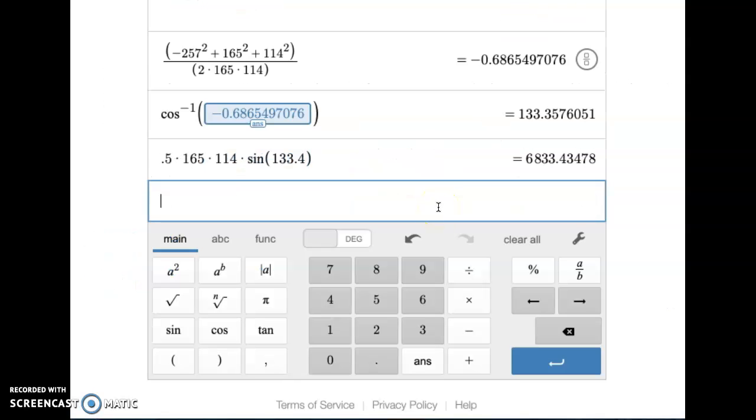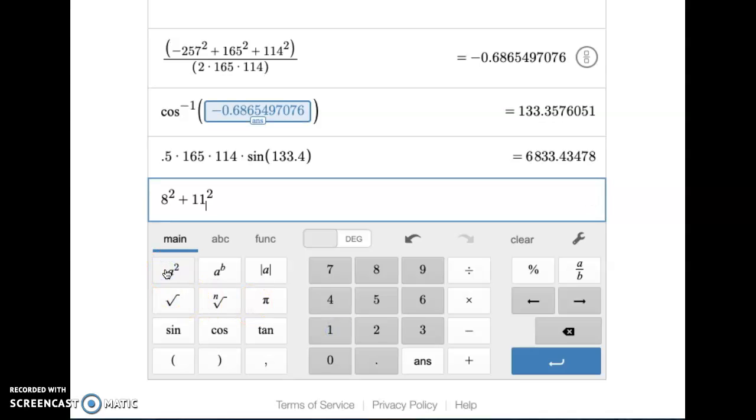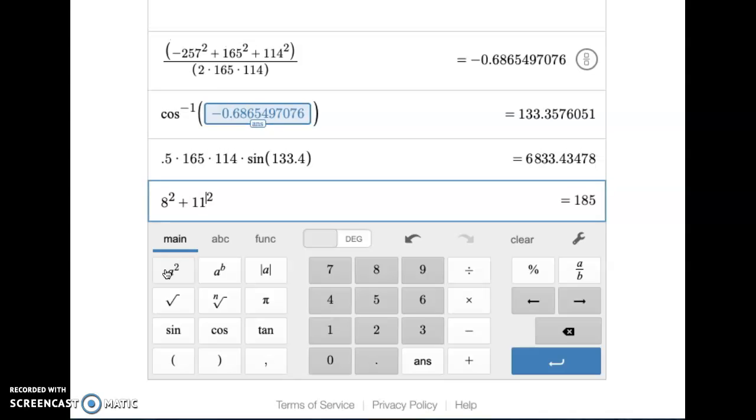So I'm going to Desmos, and I'm going to type 8 squared plus 11 squared minus 2 times 8 times 11 times the cosine of 120.